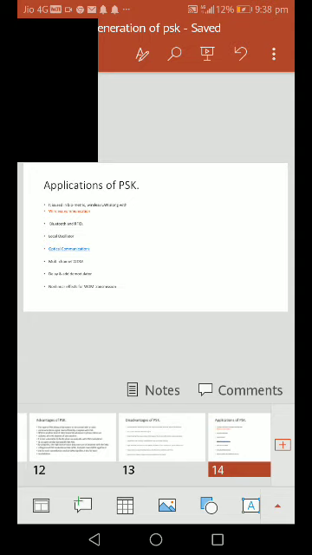These are the various applications. Many applications use PSK technology.